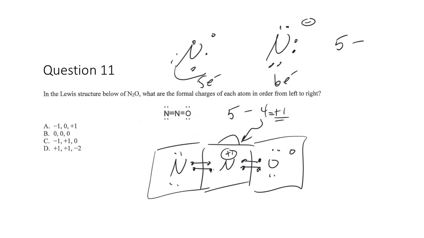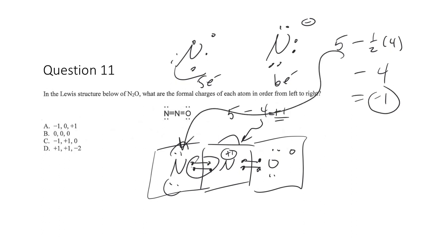Now there's this other equation in the book that says, take the valence count for the atom, which would be 5, minus 1/2 of the bonding pair electrons, so that would be a half times 4, and then minus all of the non-bonding electrons, so that would be 4. So 5 minus 2 minus 4 is minus 1 for that first nitrogen.